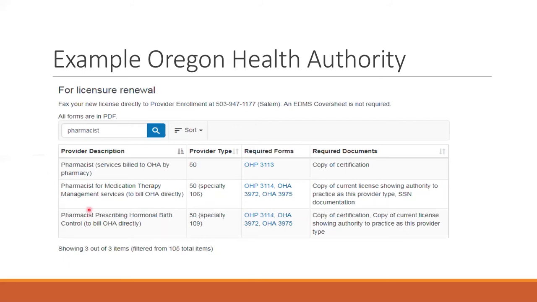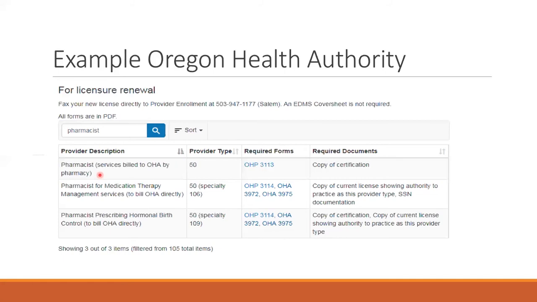In this case, you can register as a pharmacist who will have services billed by the pharmacy. So this is your dispensing pharmacist who may be doing medication therapy management services, but is not billing independently. That bill is being submitted under the pharmacy's NPI and being reimbursed with the pharmacist as the rendering provider.